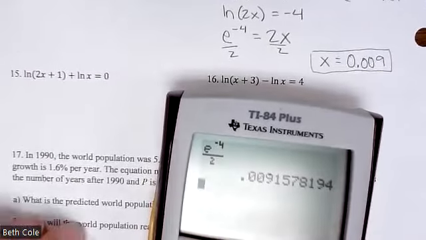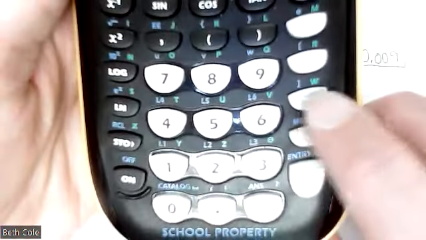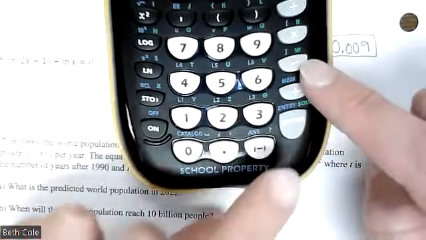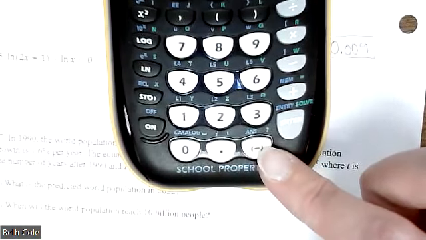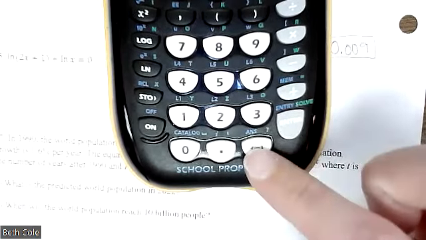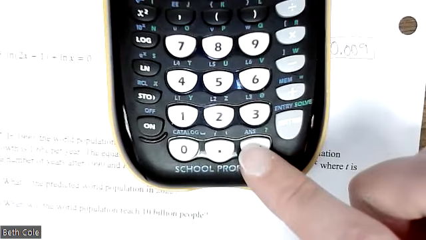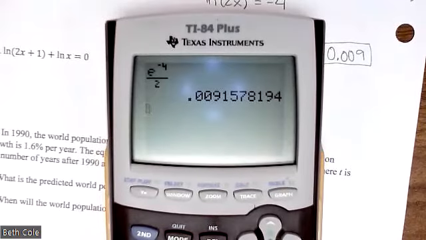If you got an error, I will bet money on this. You typed the subtraction sign instead of the negative sign. This is the negative sign. This is subtraction. This is negative. You need to type the negative sign, the one that's next to the decimal point. I'm a genius. I've been doing this for so long. That's all.